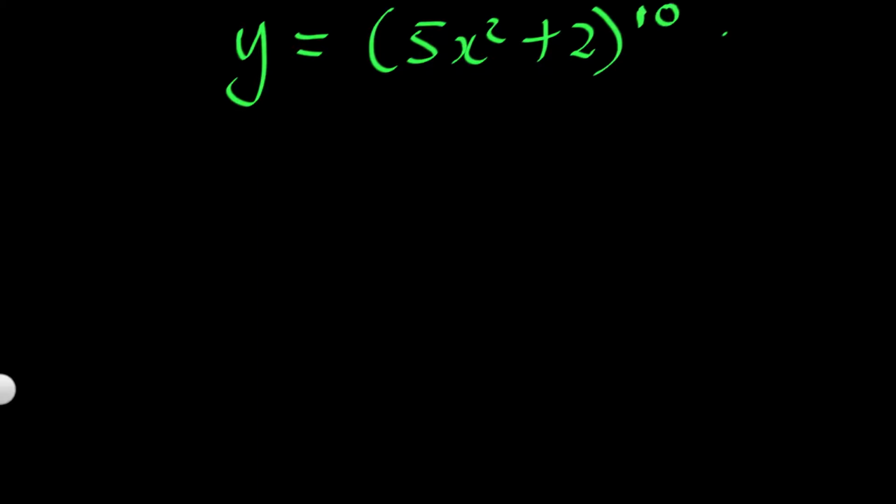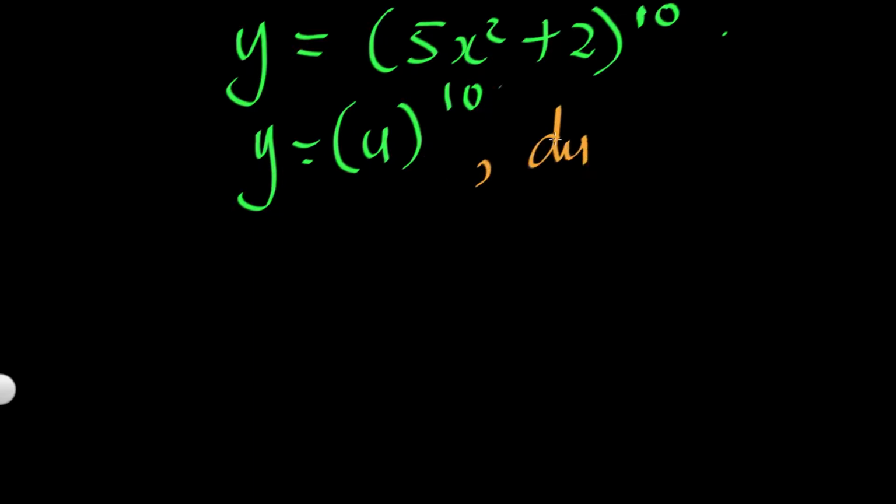From here, I can rewrite this as y equals u to the power of 10. I'm doing the u substitution here. So y equals u to the power of 10, which means dy/du is 10u to the power of 9.